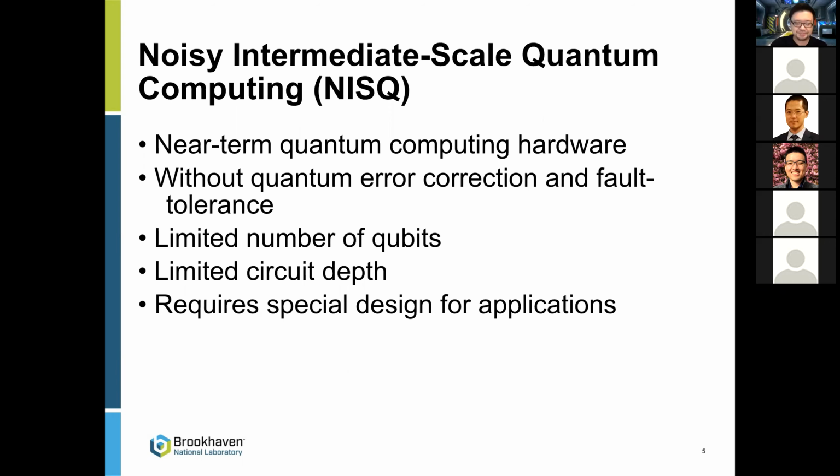This means that these quantum computers usually have a limited number of qubits, so they cannot implement large quantum systems, and it's sometimes very hard to demonstrate quantum advantages.